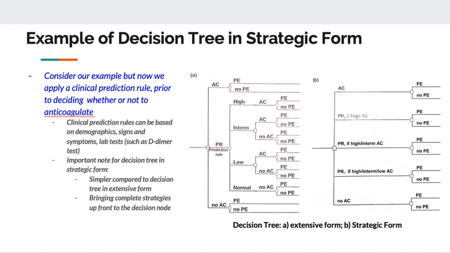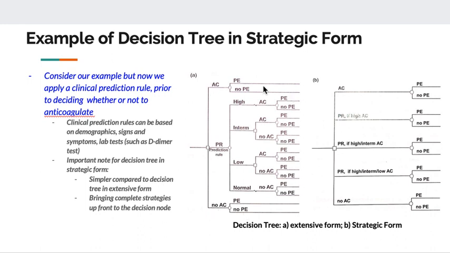The clinical prediction rule can be based on the demographics, the signs and symptoms, the lab test, such as the D-dimer test, in order to make our decision. Using this information, we can construct our decision tree in extensive form as we saw in figure A over here.